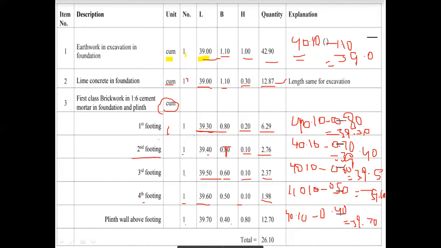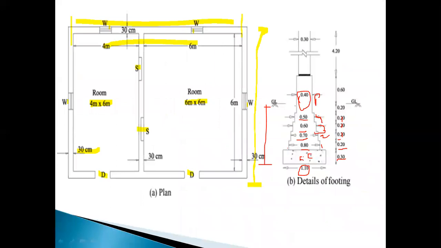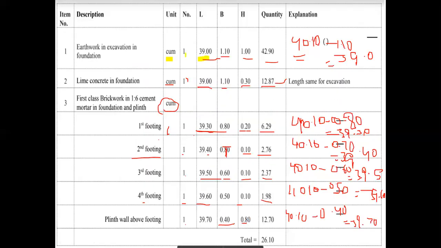Substitute breadth 0.40 and height 0.80. Here 0.2 is given to plinth level, 0.6 plus 0.2, that is the plinth level height 0.8. Then multiply L into B into H, 39.70 into 0.40 into 0.80, that equals 12.70.